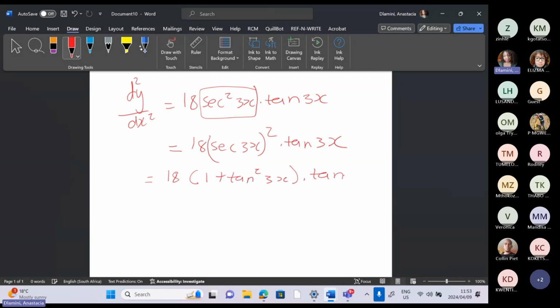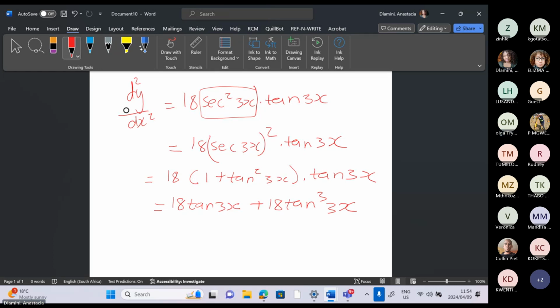times tan 3x. So then you have 18 tan 3x plus 18 tan to the power of 3 of 3x. Do you see that?